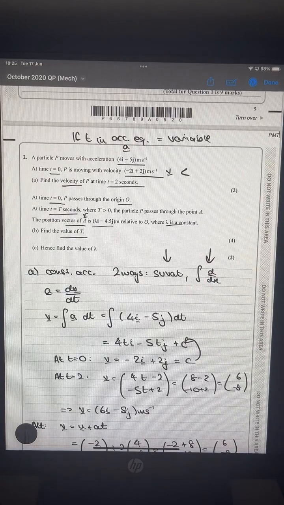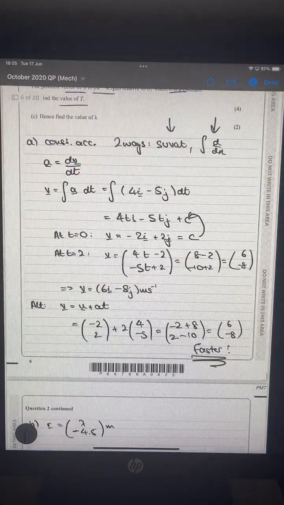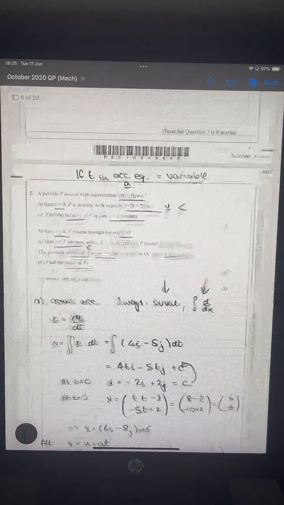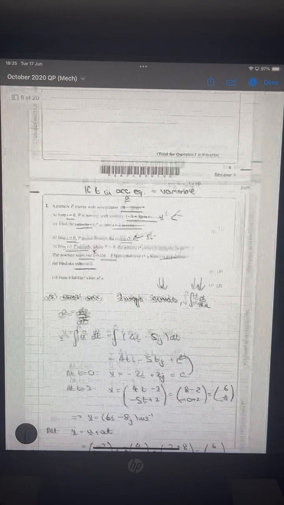Remember, this is a SUVAT type question, so we can just use constant acceleration formulas. So if I've been given my initial position, and we know that at time t equals 0, it passes through the origin, well, that's just r naught. So we don't need that offset. I have my initial velocity, I have my acceleration. I just need to find the time, right, where it is in that position.